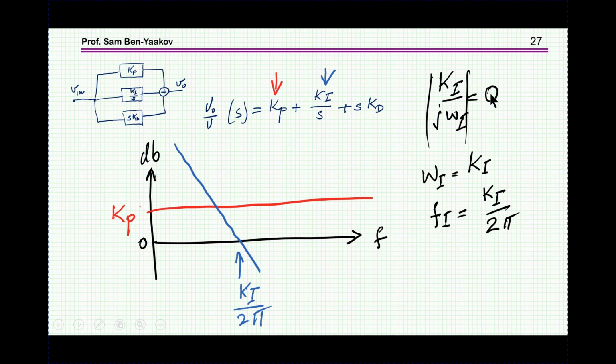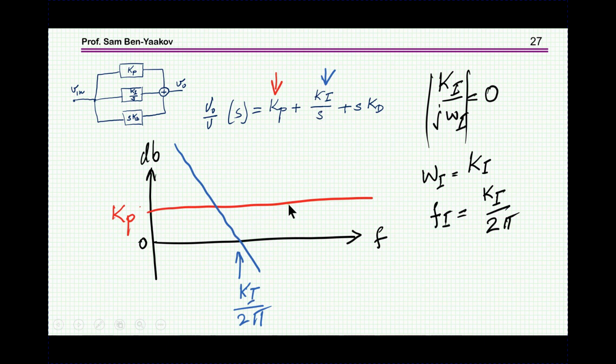This is 0 dB, it should be 1, and therefore the angular frequency is equal to Ki, here it is, and therefore the frequency is Ki over 2 pi. So this is the crossover frequency of this curve here, this integral part.